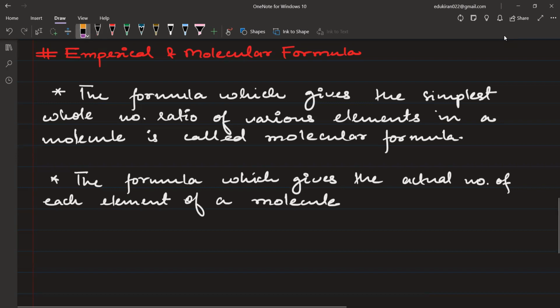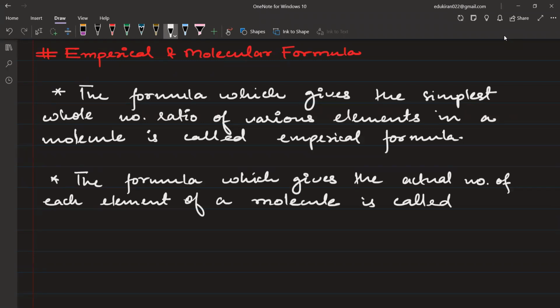Oh wait a second, sorry, in the first statement please cross out and write empirical formula. The simplest whole number ratio is the empirical formula, and the actual number of each element in a molecule is called the molecular formula.